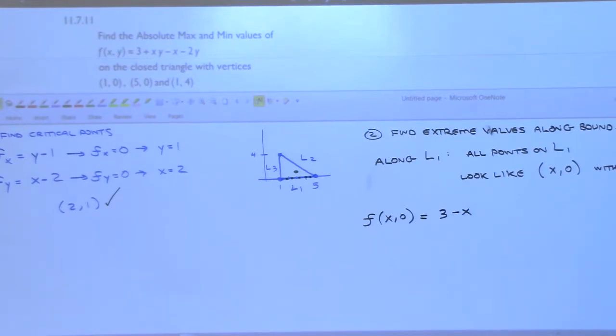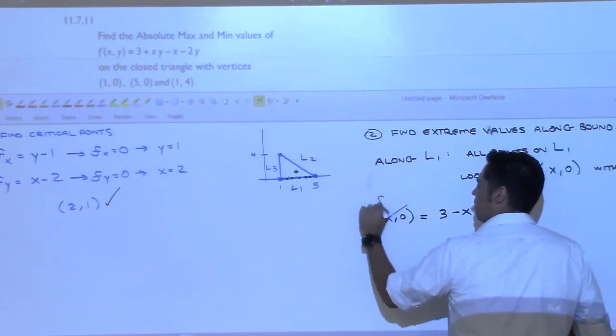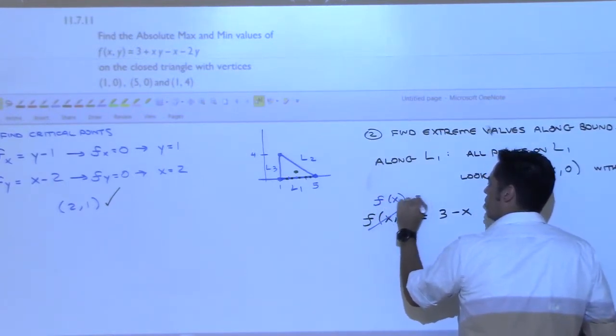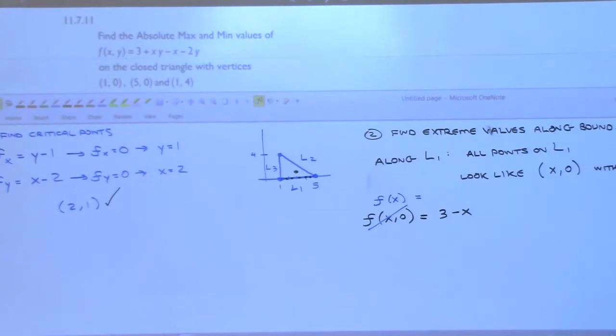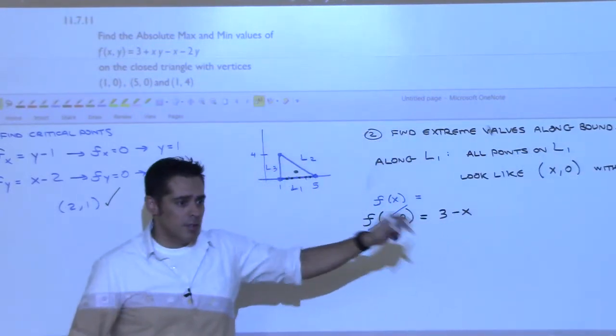And now if you just squint your eyes and imagine that I came into class today and gave you a function of x, and told you it was equal to this. Because it's only a function of one variable now, right? If I told you that the function was 3 minus x, restricted between 1 and 5, and asked you to find its absolute maximum and minimum on that closed interval, you could do it.